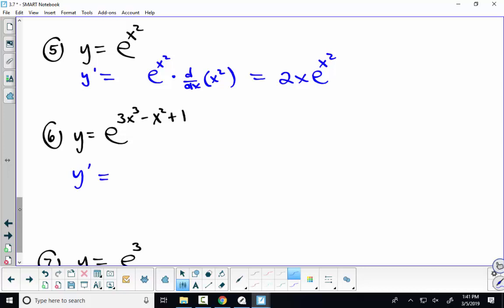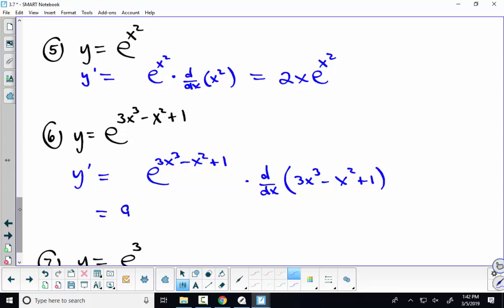So we have the derivative, it's still e to that power, times the derivative of the power. Derivative 9x squared minus 2x, that quantity, times e to the original power.